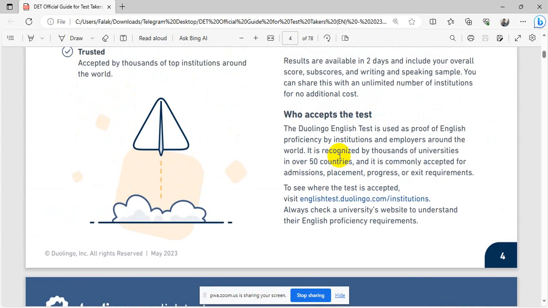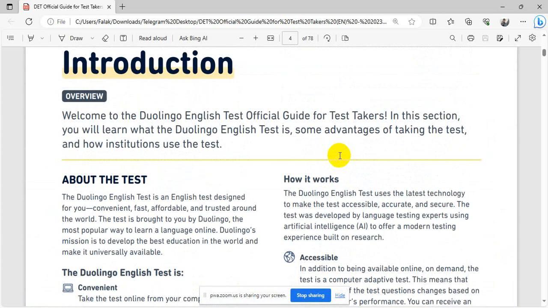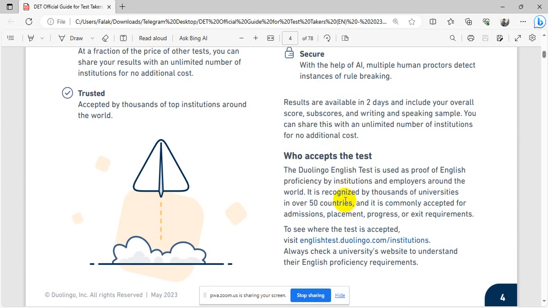And then, guys, the last thing that we have on the introduction part about the Duolingo English test is the acceptance. Who accepts the test? As I told you, the Duolingo English test is used as proof of English proficiency by institutions and employers around the world.